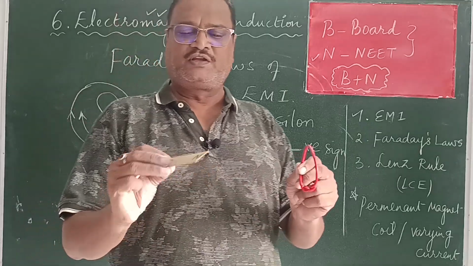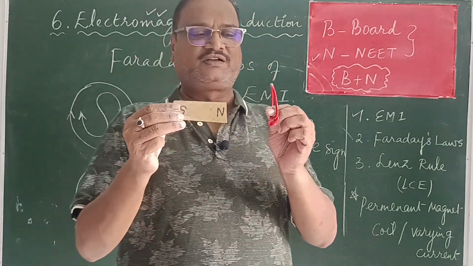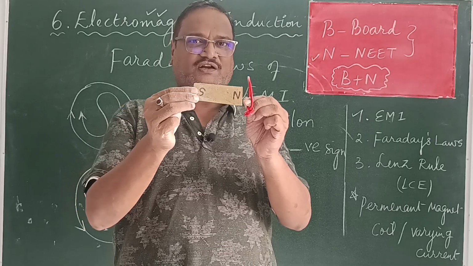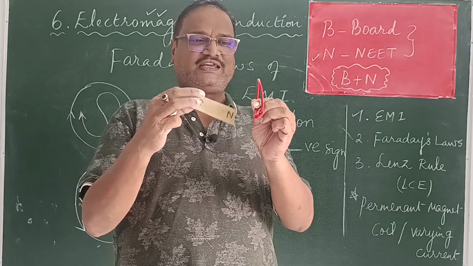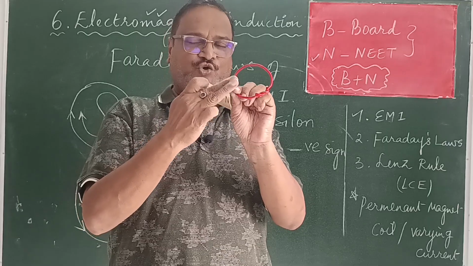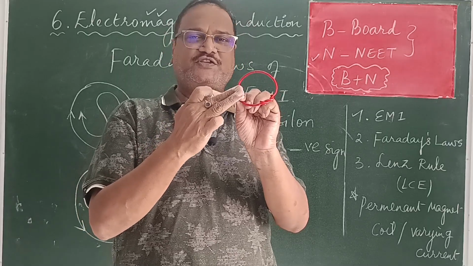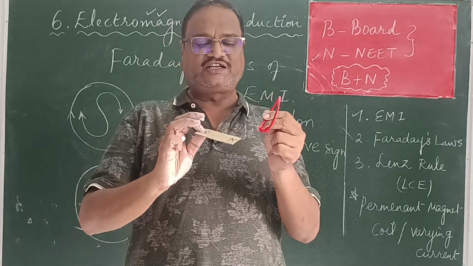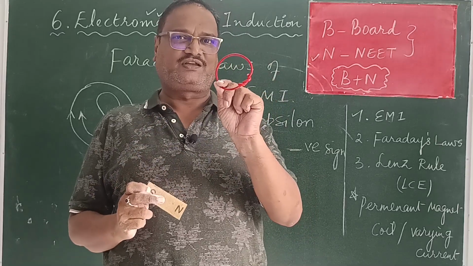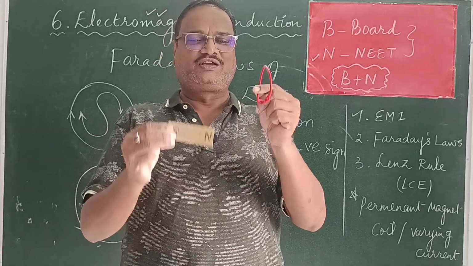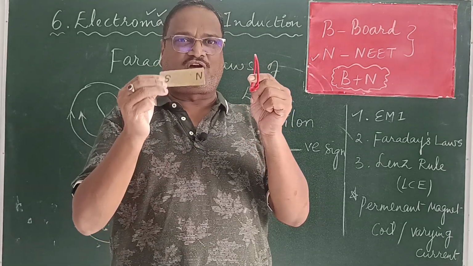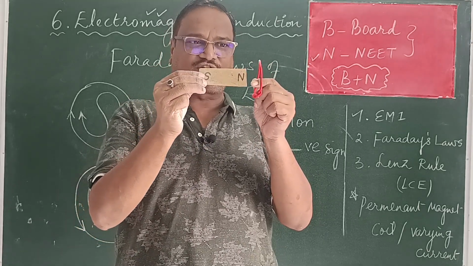Now you see, north pole is there. Now north pole is coming towards the coil. This side, should it be north or should it be south? How do we decide that? If this is north, and now if this is south, what will happen? North will get attracted towards south.